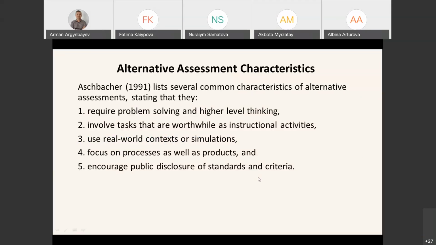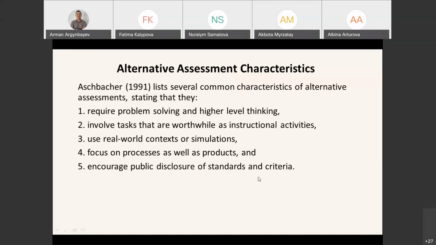Please read them by yourselves. So as we notice here, three main points: higher level thinking is engaged, real world contexts are used, and we evaluate process as well as products.